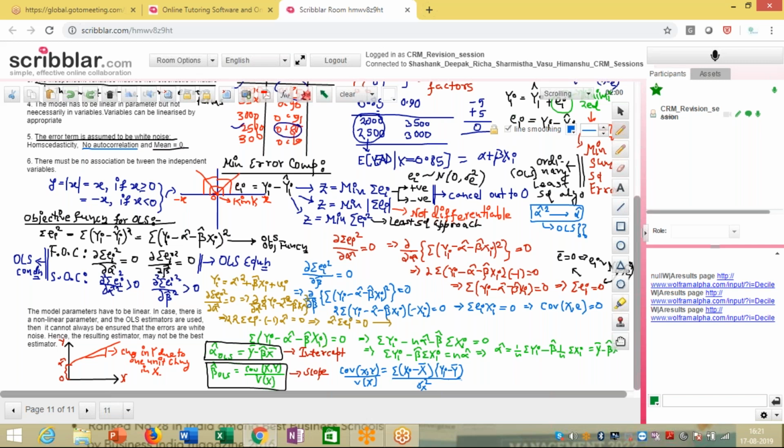So now if you put this back into the estimated regression equation, you will get the best fit regression line. So the objective of doing the OLS equation is to get the best fit regression line.